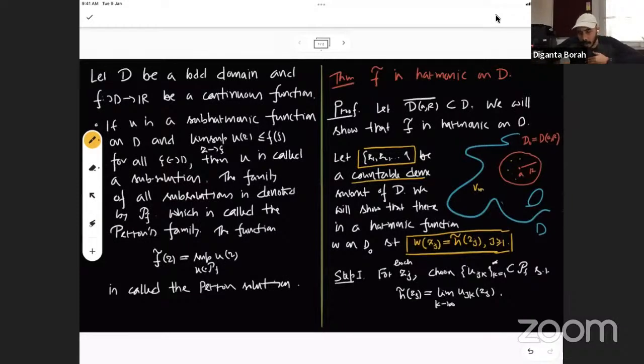What I'll do now, given this function V_m, is consider the Poisson modification of V_m on the disk, because I want to produce something harmonic, right? I'll call that function W_m. So W_m is equal to V_m outside the disk, and inside it is the Poisson integral of V_m on the boundary. Yesterday we introduced this Poisson modification. This actually produces a bigger subsolution, which is harmonic now on the disk.